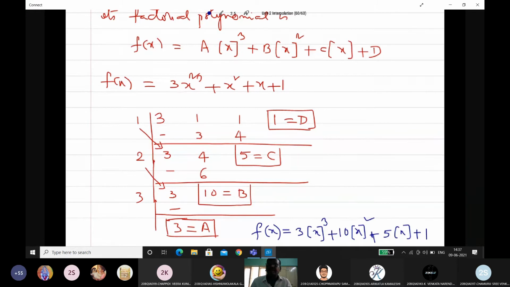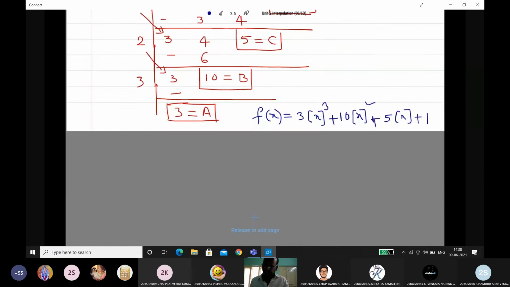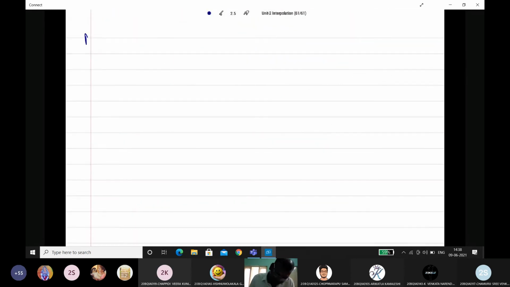Is it clear? Now we have to find the factorial polynomial by using the forward difference table. Method 2. Now here f of x is a polynomial of degree 3.